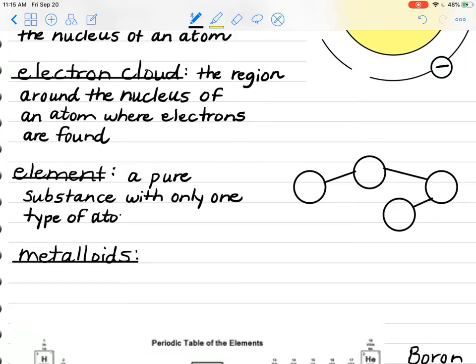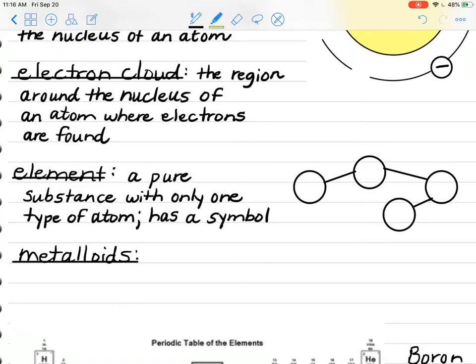And elements always have symbols. Now, you and I have already talked about lots of elements. We've studied carbon, oxygen, nitrogen, helium, hydrogen, and we have talked about lots of different things related to those elements. We've even drawn molecules like this one.